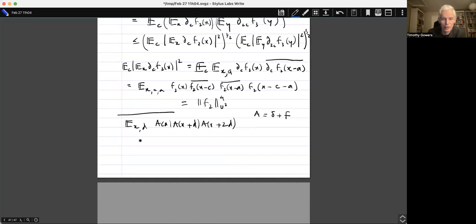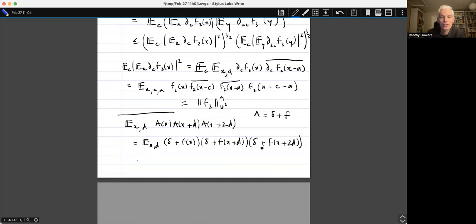So that equals the average over x, d of delta plus f of x, delta plus f of x plus d, delta plus f of x plus 2d.